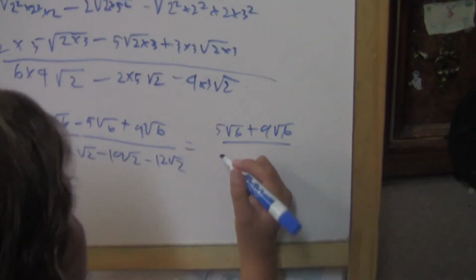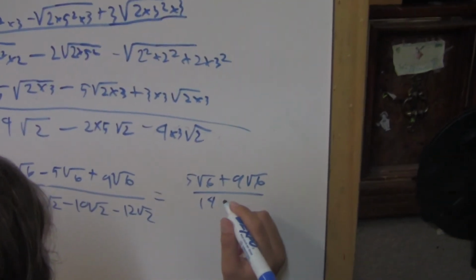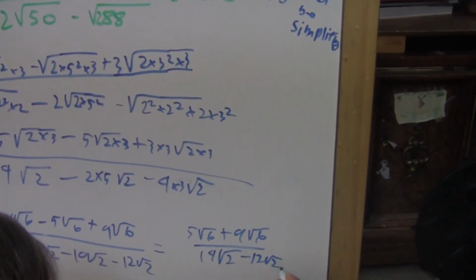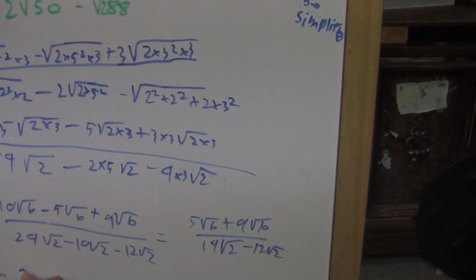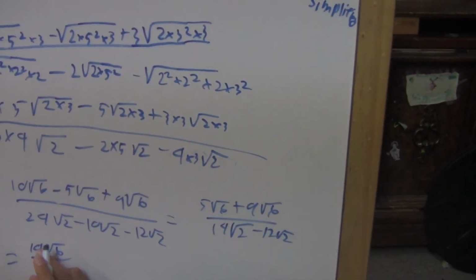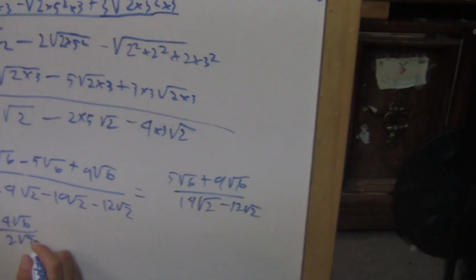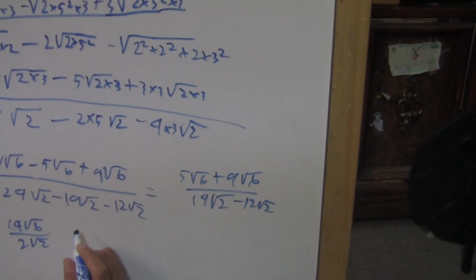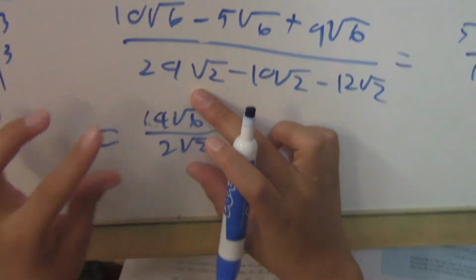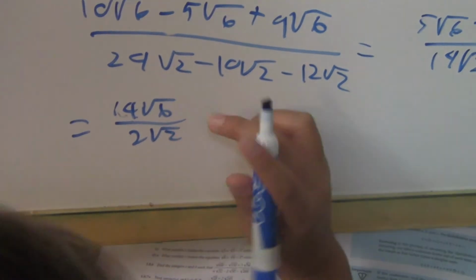And anyways, let's quickly finish up. So 14 times the square root of 6 minus 12 times the square root of 2. So this will equal 14 times the square root of 6 divided by 2 times the square root of 2. In order to get to this state, we have to separate the numbers that are not in the square root from the numbers in the square root.